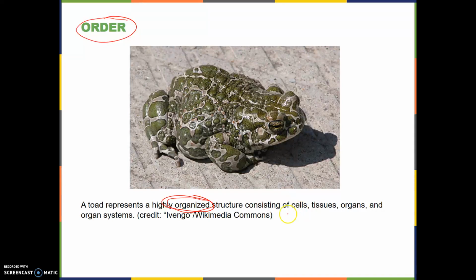They consist of, even before cells, atoms and molecules and little parts inside the cells called organelles. And then they're composed of individual cells, and those cells form tissues, and those tissues form organs like the heart and the brain and the liver. And then those organs form organ systems like the urinary system, the circulatory system.